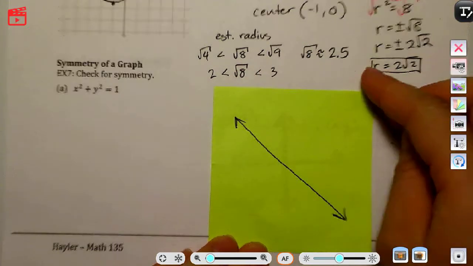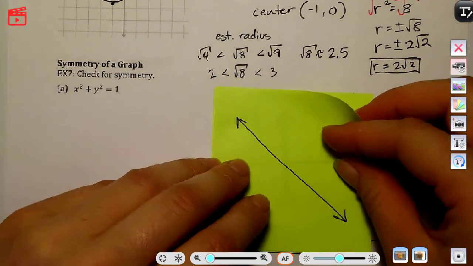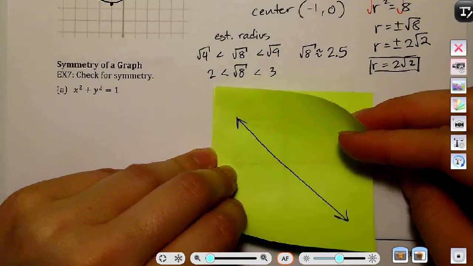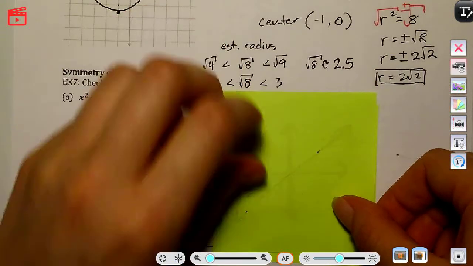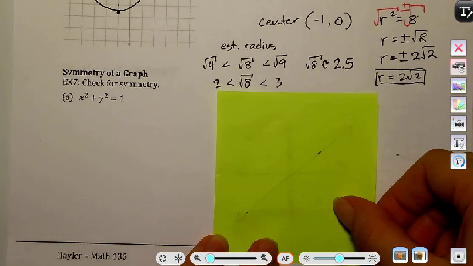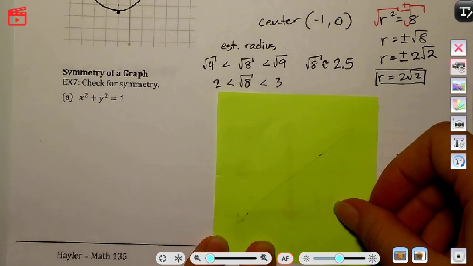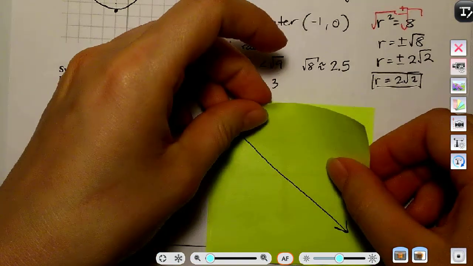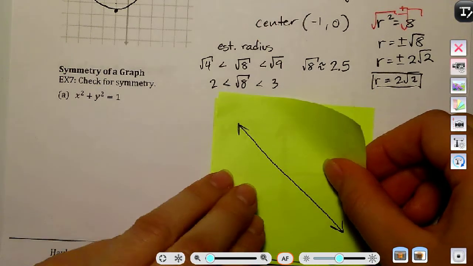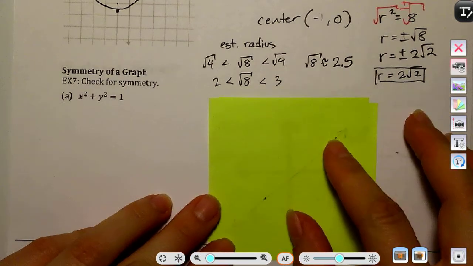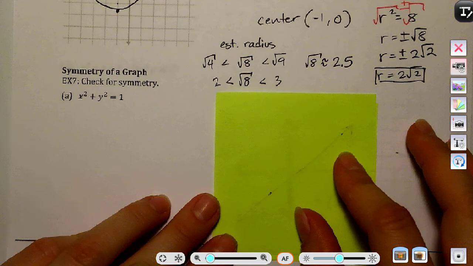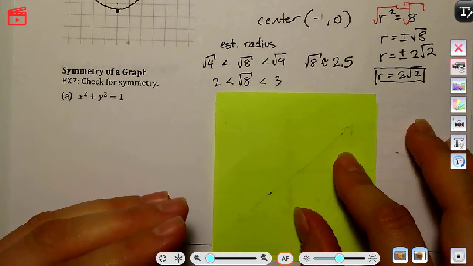So if I took this and I flipped it about the x, if you can see it, that does not look the same as it did before. So it is not symmetric about the x-axis. Okay, so that's checking for x. The y-axis, let's go ahead and try flip it about the y. Does that look the same as it did before? No. So this one is not symmetric about the y-axis.